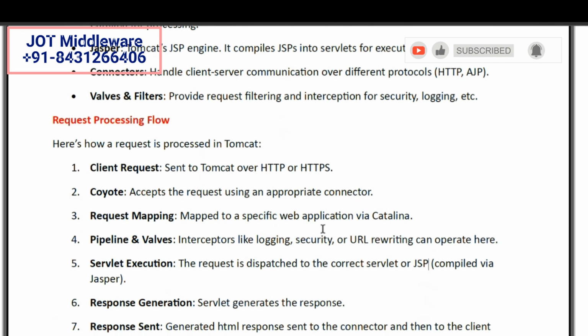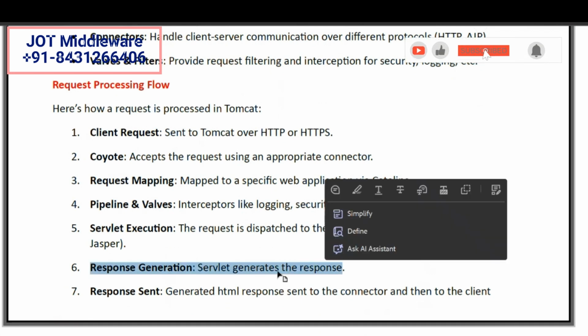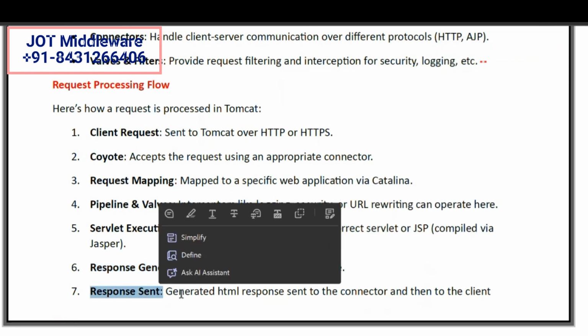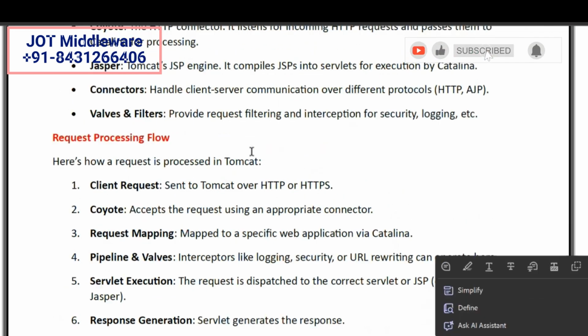Now, once the servlet is executed, the response is generated. This is the output of your request. The servlet generates the response and the response is sent. The generated HTML response is sent to the connector. Which connector? These are the connectors.